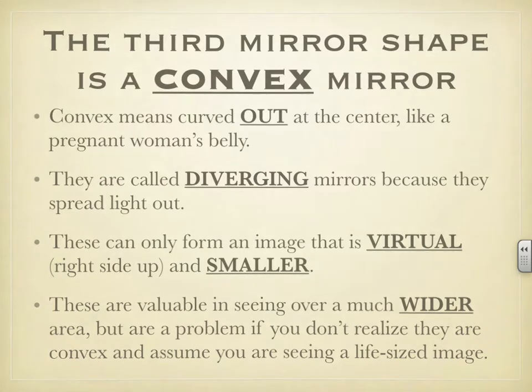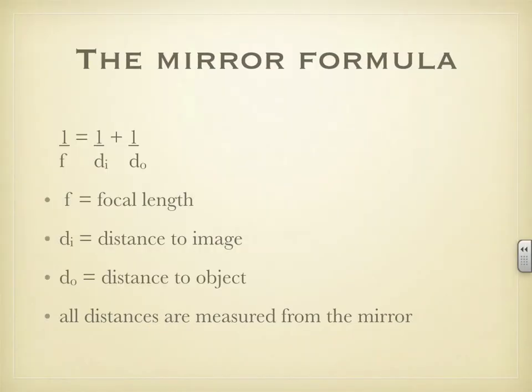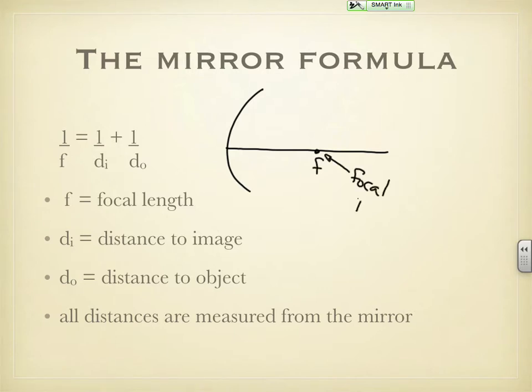Of course there's math involved in mirrors, and we have the mirror formula. The mirror formula says 1 over F is 1 over DI plus 1 over DO. F stands for the focal length again, and the focal length is the distance from the mirror to the focal point.